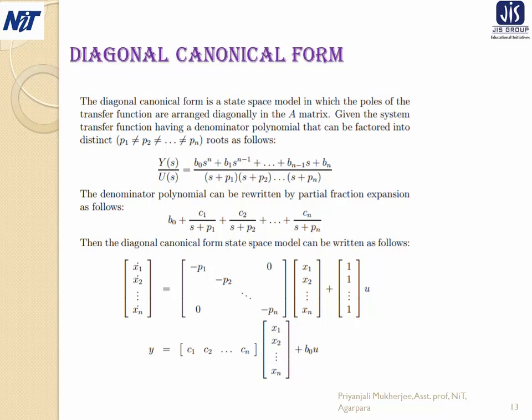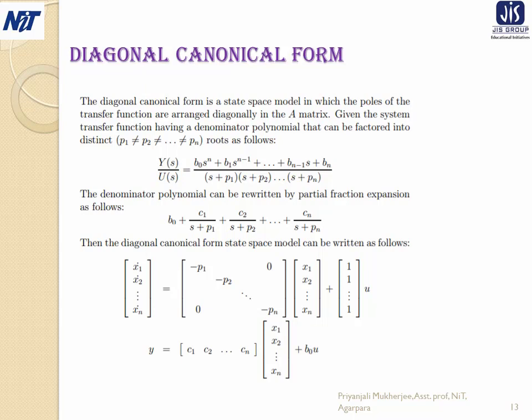So in this way, we can draw the system diagram from the given transfer function, and when we rewrite the system equations, we can see in the diagonal canonical form all the pole locations or the roots are written in the diagonal elements.